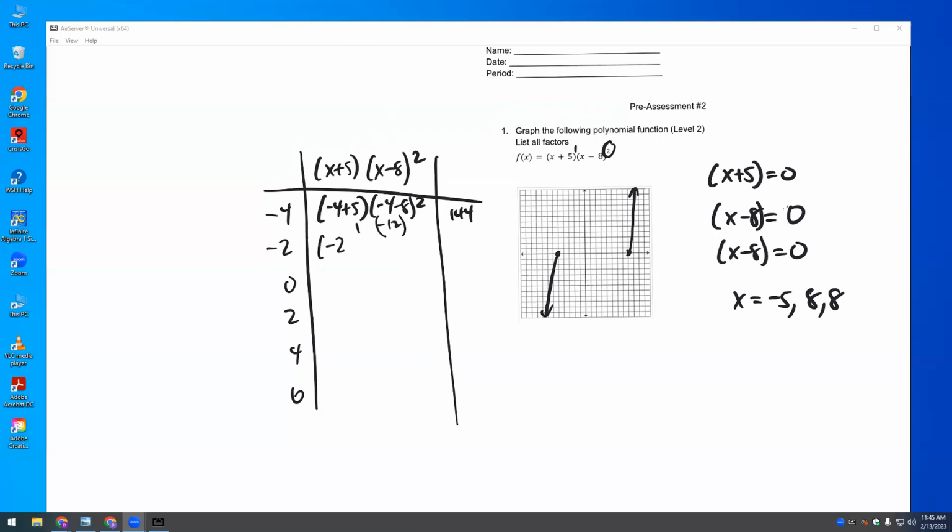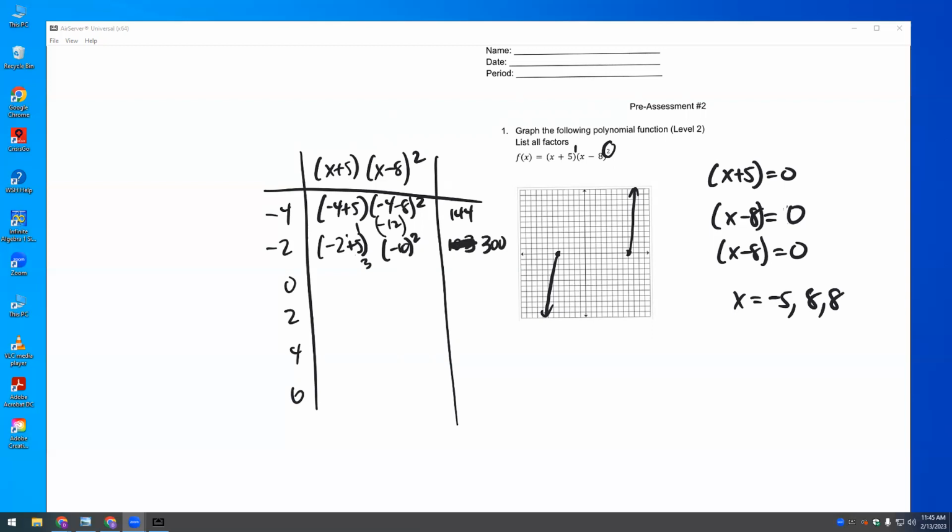You don't know what it's going to do. So -2 plus 5, that's 3, and then -10 squared, because -2 minus 8 is -10. That's 100, so this will be 300.